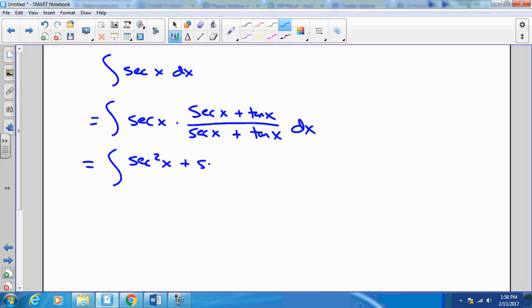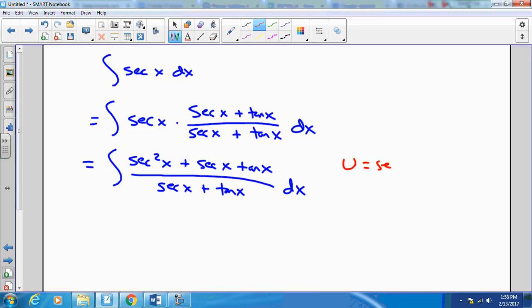Let me simplify. And when I simplify, by distributing at the top there, I get this guy. Now, here's the point. If we consider u equals the denominator, like we frequently have, then du is equal to secant tangent plus secant squared dx.